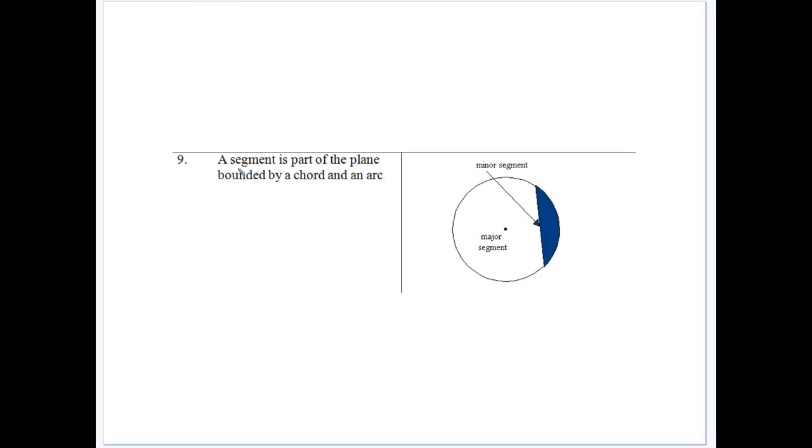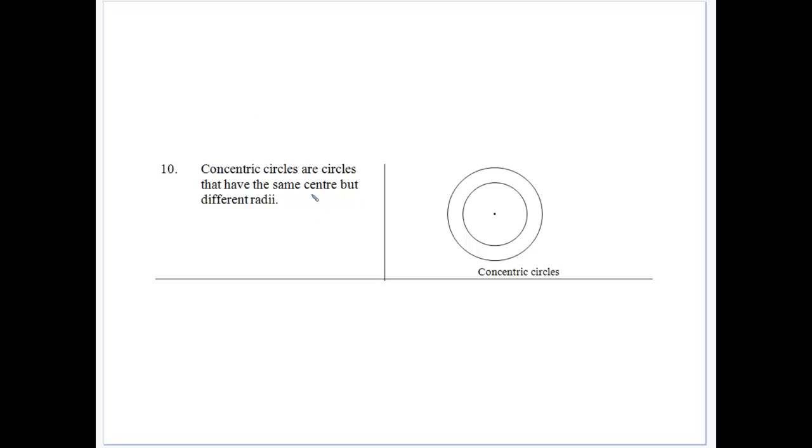A segment, which is a little bit different again, is something that is part of the plane and bounded by a chord and the arc. So you can see the difference between a sector. Sector goes to the center, where the segment is bound by a chord. Again, we get a major and a minor segment in that regard. Concentric circles have the same center, but a different radii.